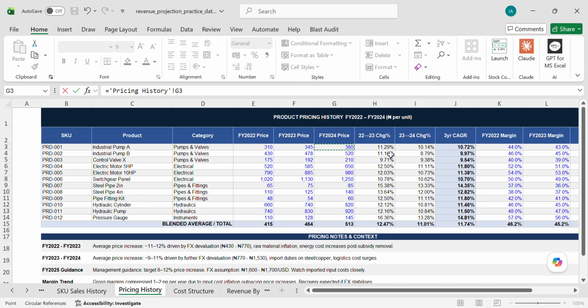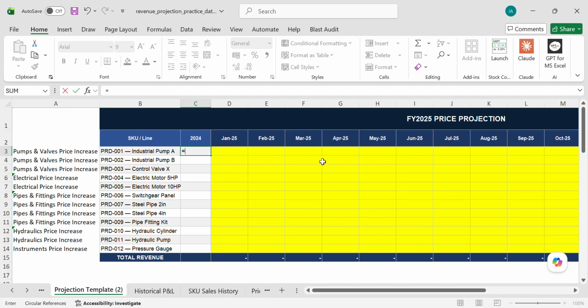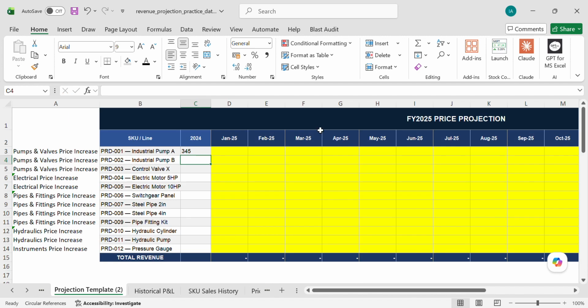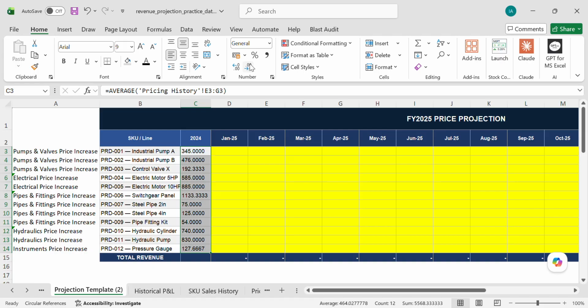I'm going to take the average across this month. So I'm going to take the average price for these 3 years, which gives you 45. I'm going to bring it down. Good.